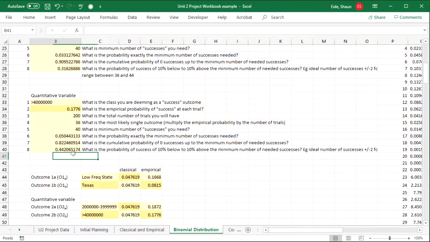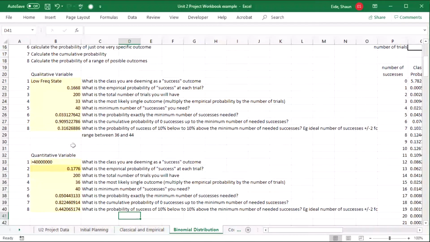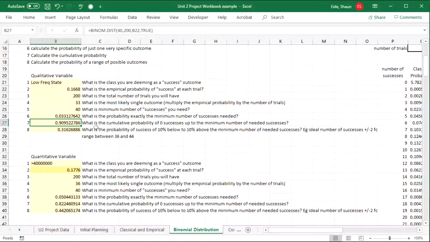What does this all really mean? Let's take a look at this for a minute. This is saying that the outcome that we want, the target outcome that we want, if we pull 200 random samples, or 200 random observations, right up here, having 40 or less low frequency states, we've got a 90.9% probability that this is going to happen.